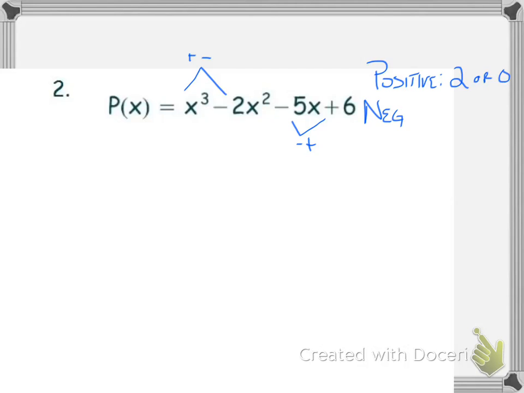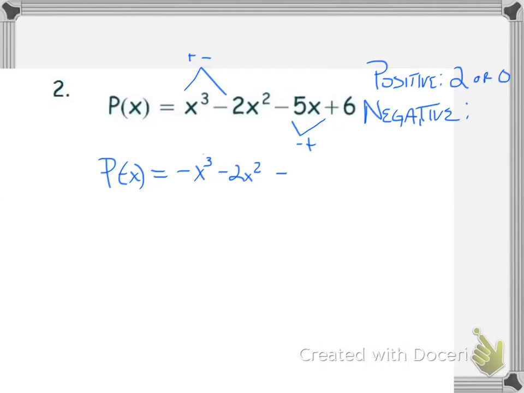And then to get the negative, we're going to find p of negative x. So that's going to change this sign, negative x to the third. Remember, I'm only changing the signs of the odd exponents. This one stays the same.